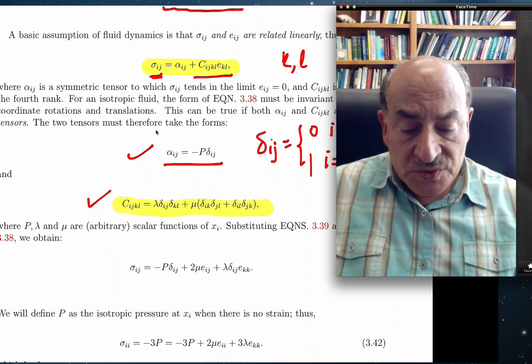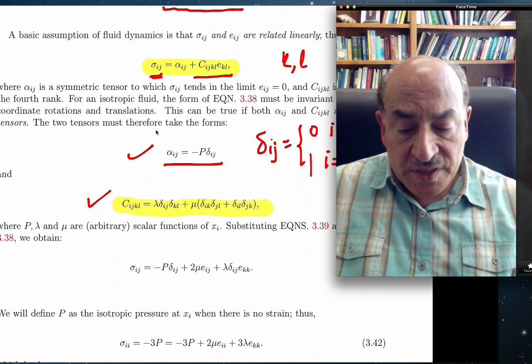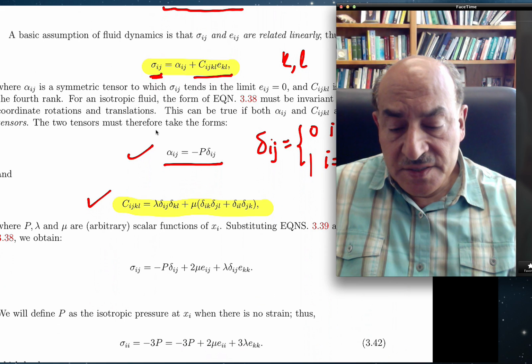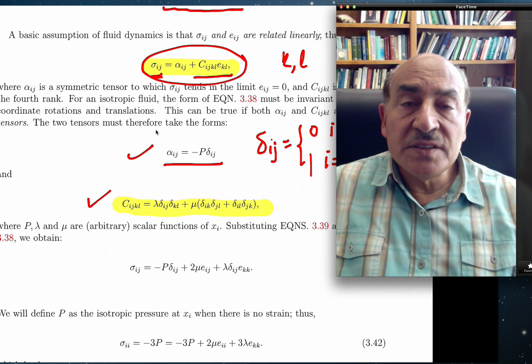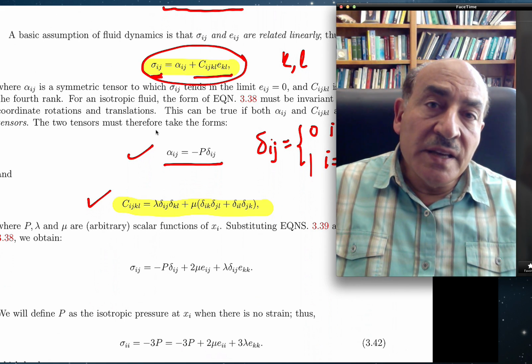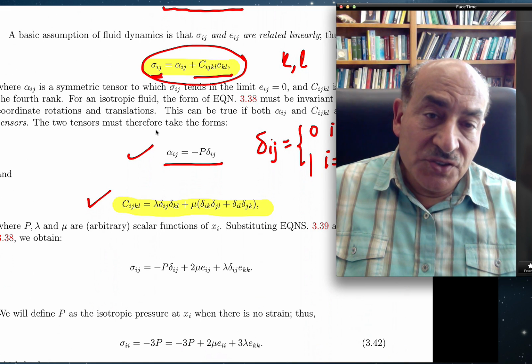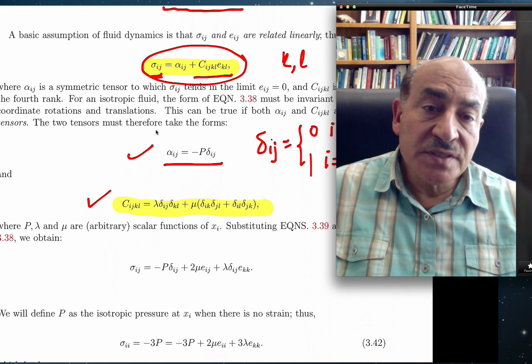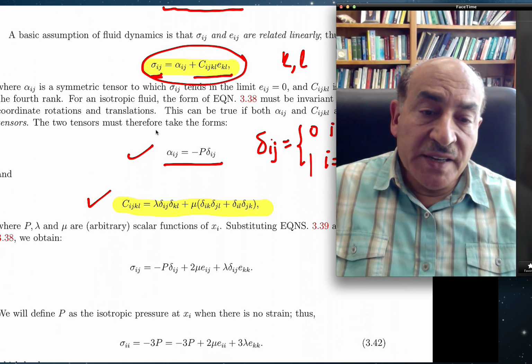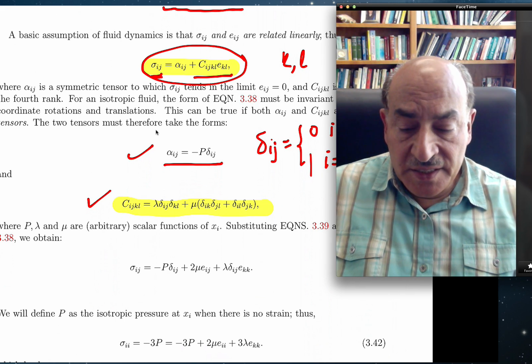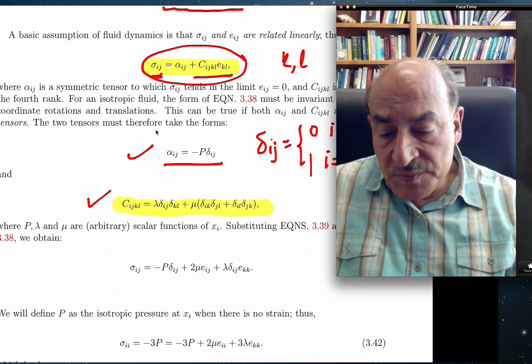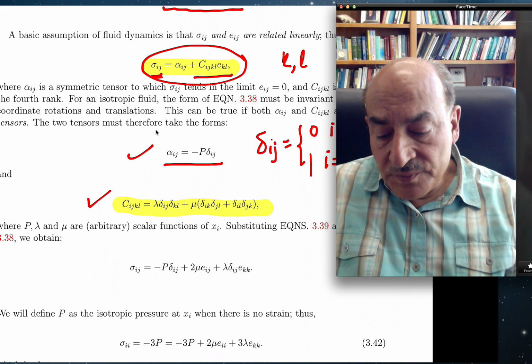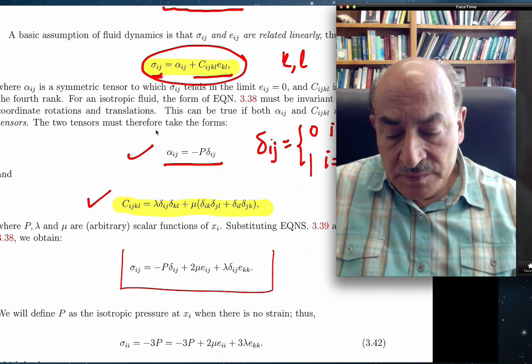So with that, we substitute these equations, 39 and 40, into 38. This 38 is the assumed linear relationship between the tensors, and because of the invariance, this assumed linear relationship must be of the form that you see here.